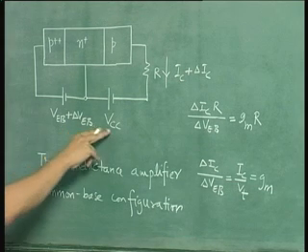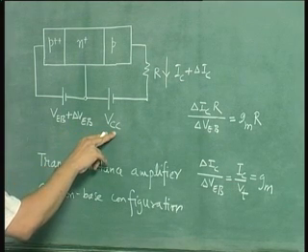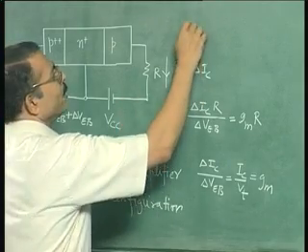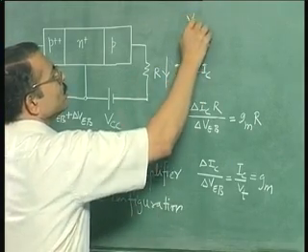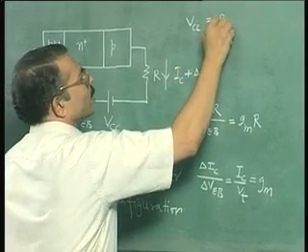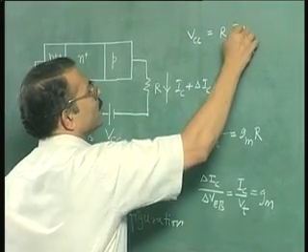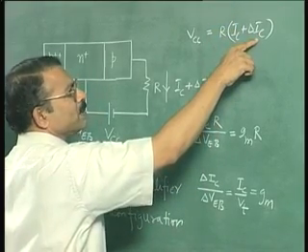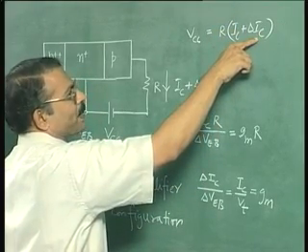The power supply VCC should be chosen such that VCC is equal to R into IC plus delta IC, where delta IC is the maximum possible increment in IC.